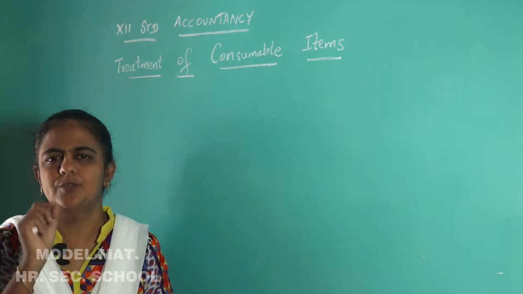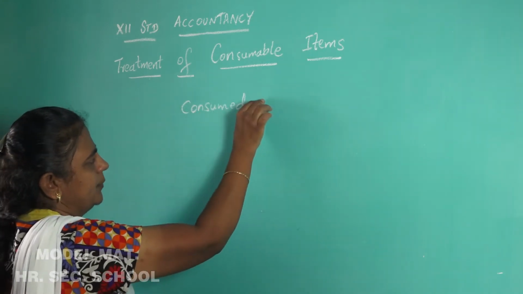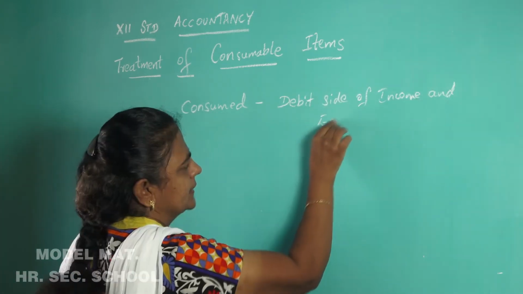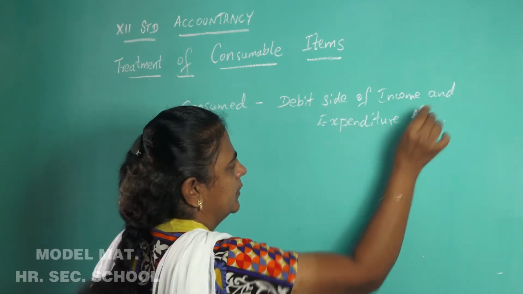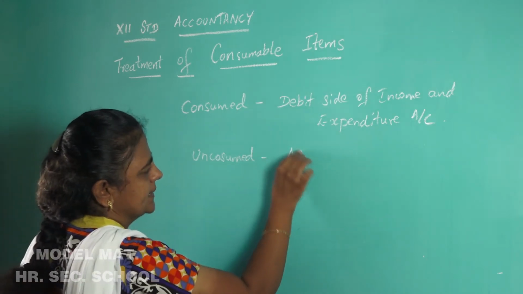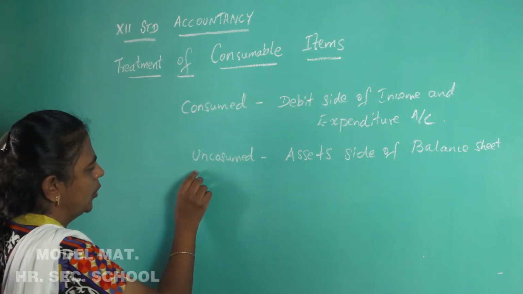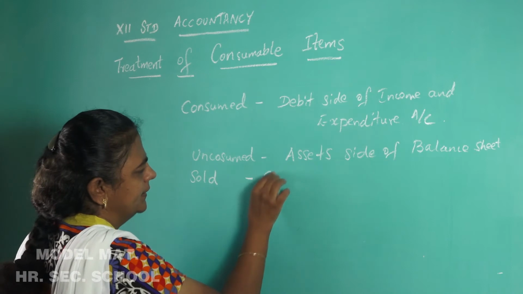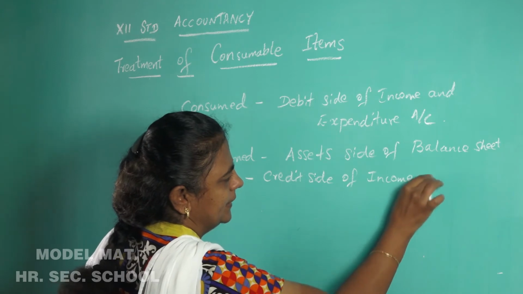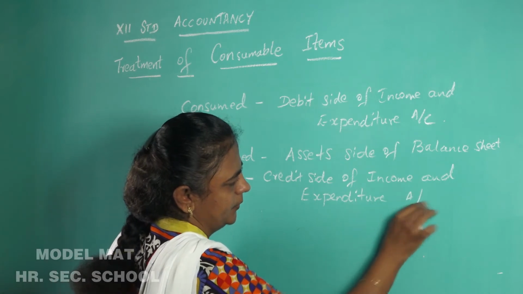Okay. So, these are the things you have to keep in mind. What is consumed, what is used, should be shown on the debit side of income and expenditure account. What is unconsumed should be shown on the asset side of balance sheet, and what is sold will be shown on the credit side of income and expenditure account.